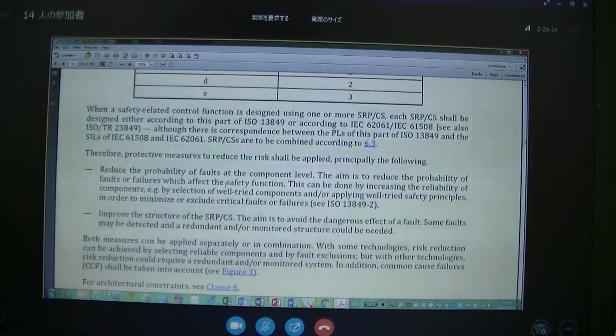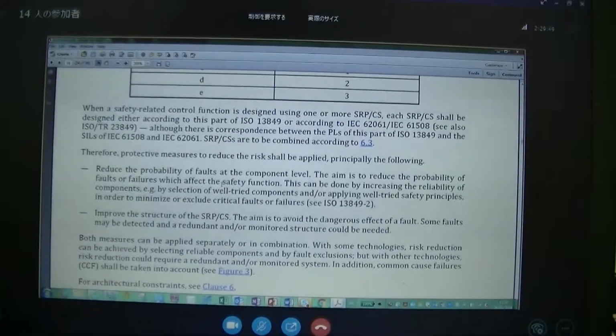I think this is something like SIL 2, SIL 3. No, that's completely different. SIL 1, 2, 3 is equivalent to performance level.